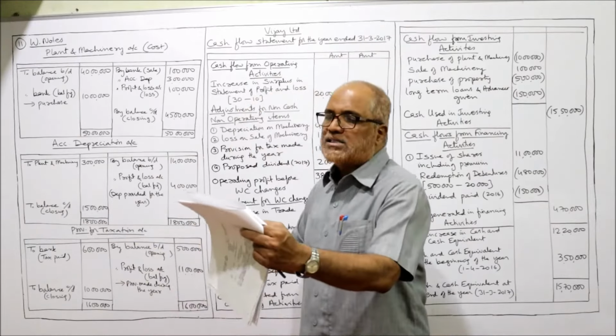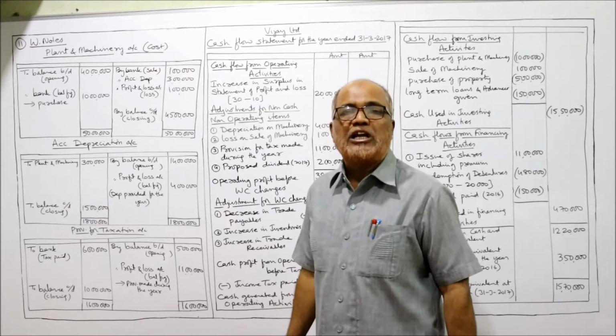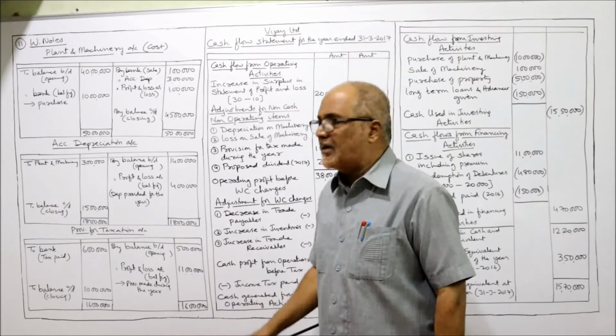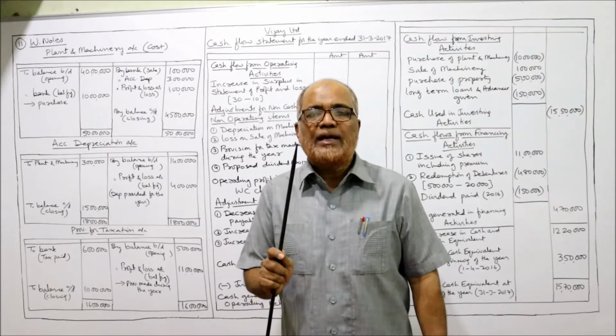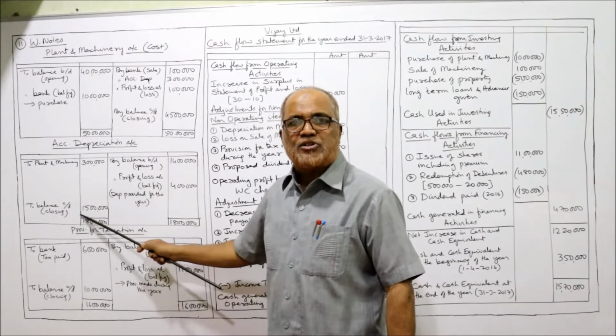In the problem you can see provision for depreciation 14 lakh, 15 lakh. Opening 14 lakh, closing 15 lakh. So first of all you should take the opening and closing balance of plant and machinery and accumulated depreciation.